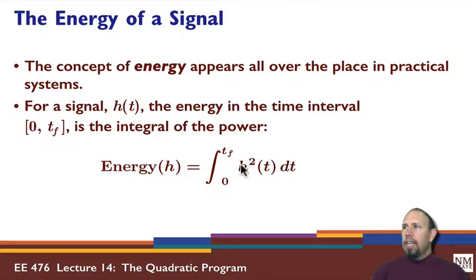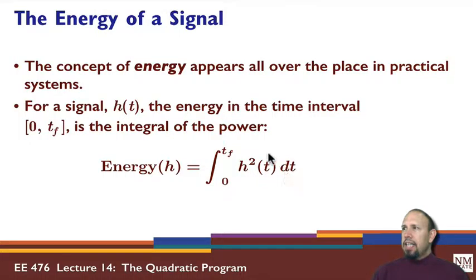And often, the power of a signal is given by its squared quantity. So the energy is the integral over the time interval of the signal squared. Notice that when you square the signal, this quantity becomes positive, and so you're integrating a positive quantity, and the overall energy will be a positive quantity.